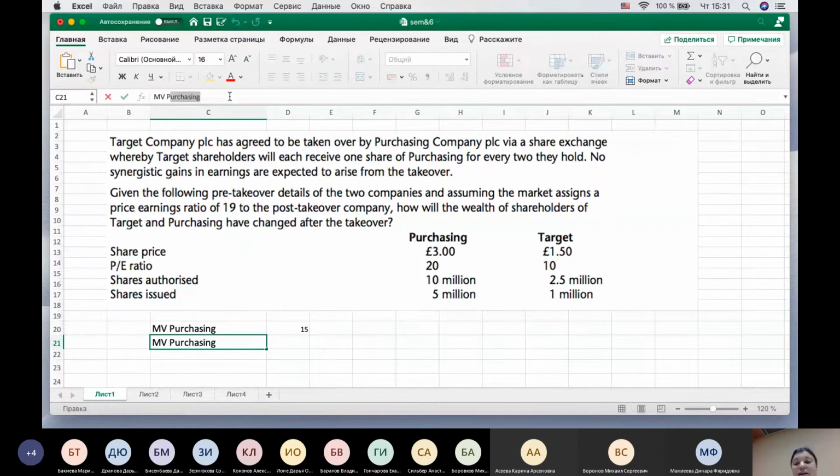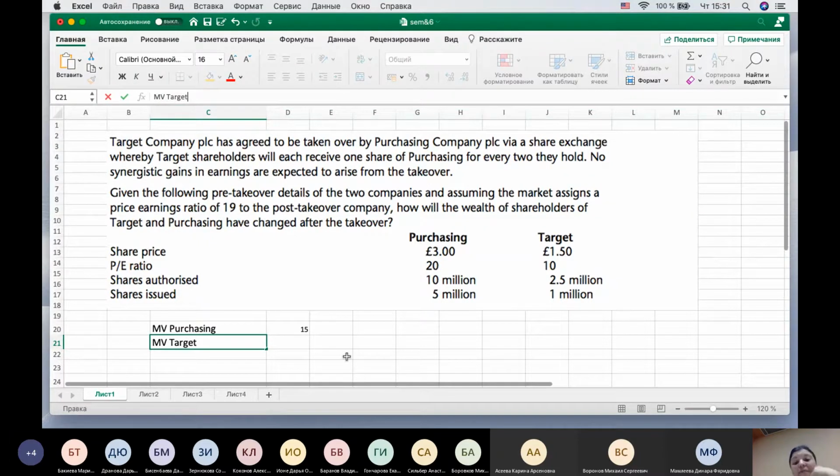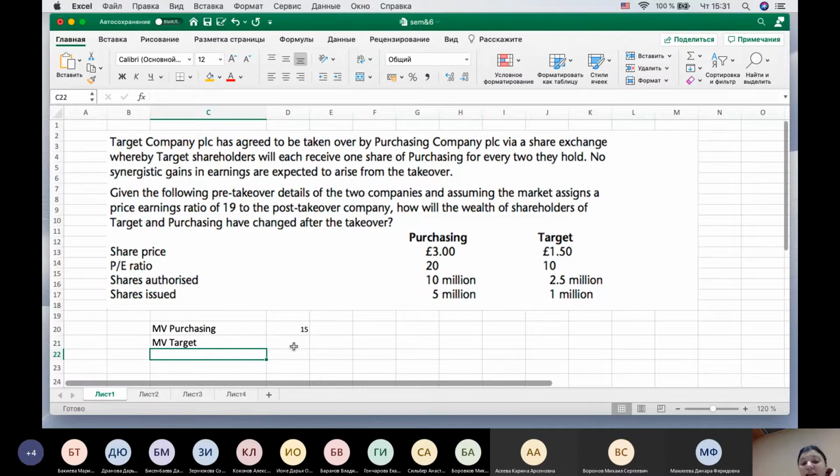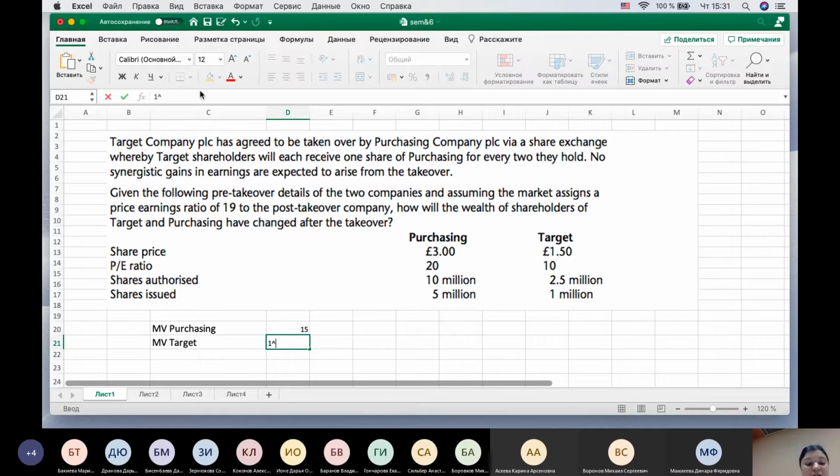And if we are finding the market value of the target company before our takeover deal, it will be 1.5 multiplied by 1 million shares.